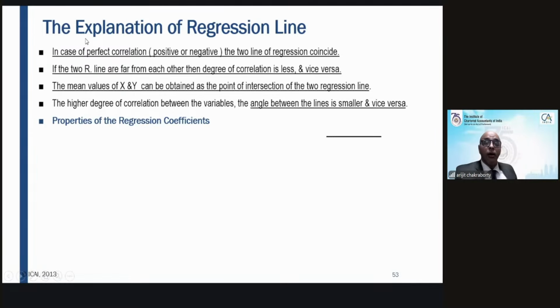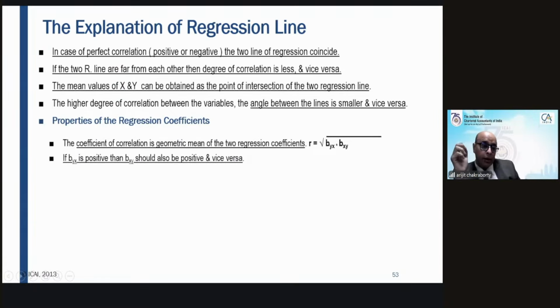Okay, plus if you see the properties of regression coefficient, you have to remember this, because if you multiply the regression coefficients byx into bxy and find the square root, you are getting the correlation coefficient.